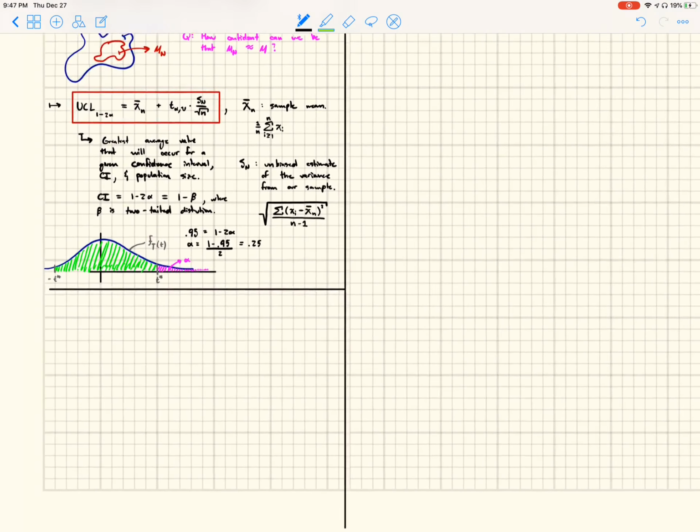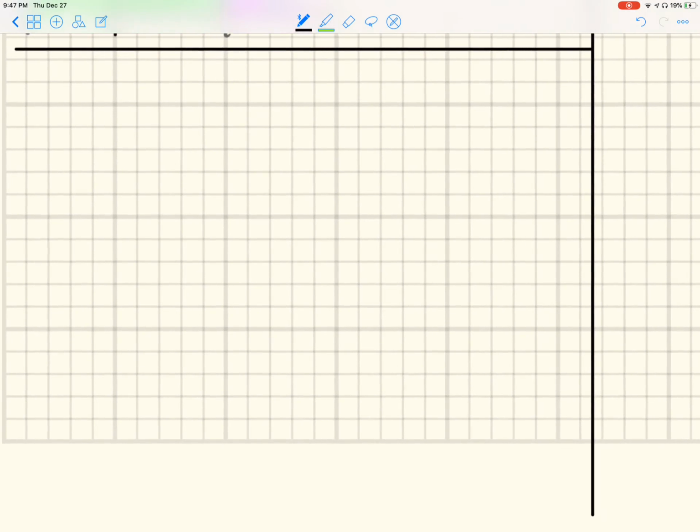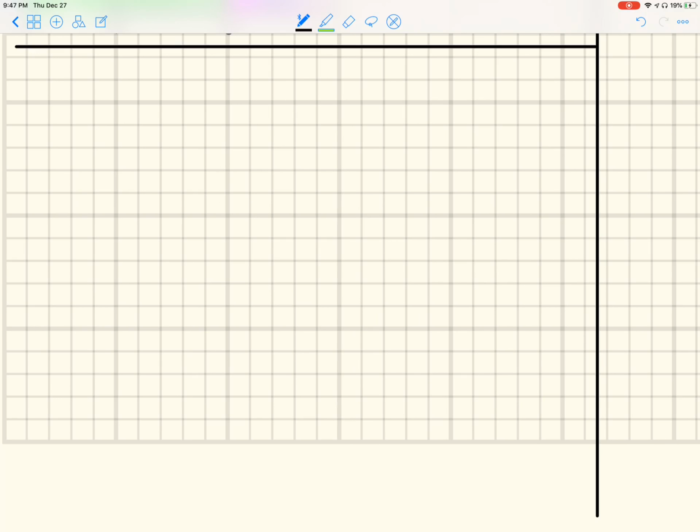So in this part, we're looking for the distribution that defines the t statistic. So what is the t statistic?